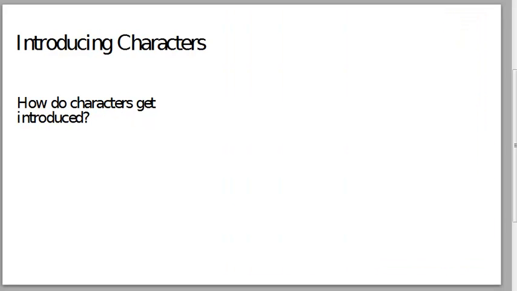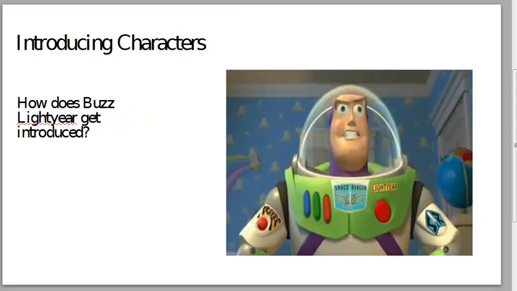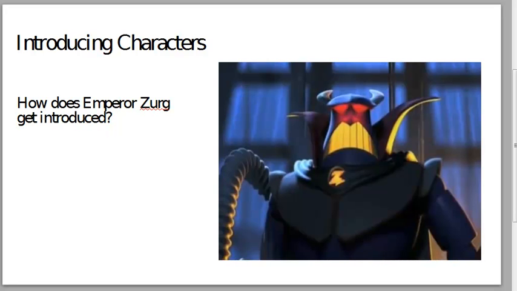Introducing characters is also incredibly important. In Hollywood, they call this the meet cute. So when you meet a character for the first time, it's done in an interesting or cute way. Again, think about Pixar. They do this in brilliant ways. Think about the introduction of Buzz Lightyear on Andy's bed in Andy's room. Incredibly well done. Think about the introduction of Emperor Zurg at the end of Toy Story 2.